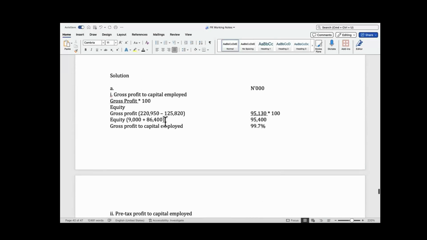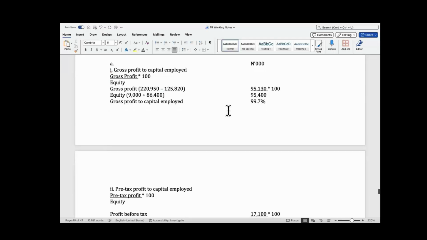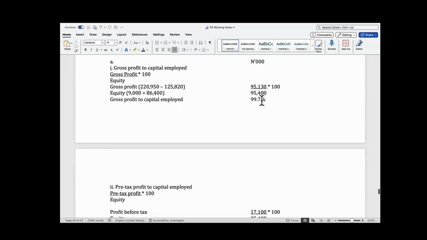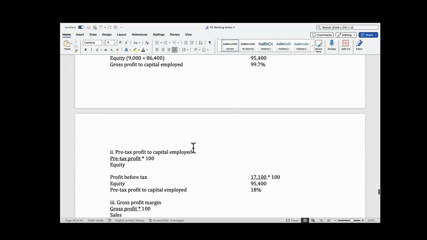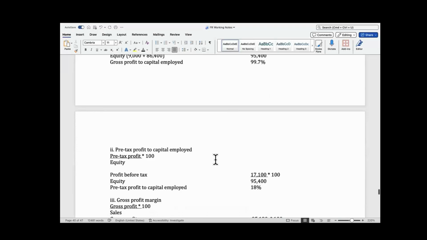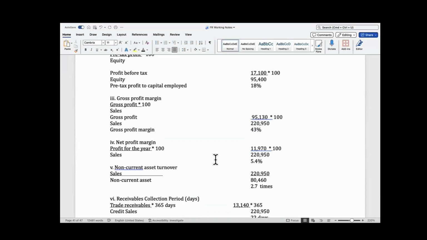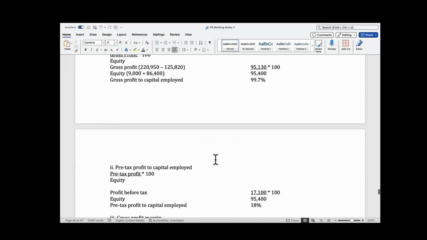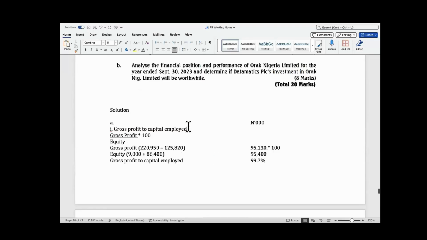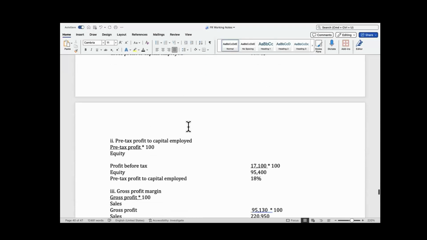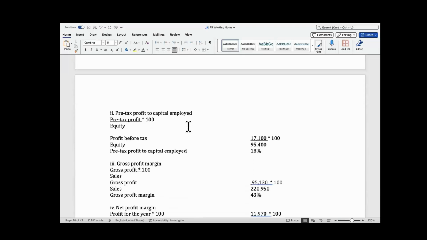Then I quickly look at my ratios. I look at gross profit to capital employed, pre-tax profit to capital employed, gross profit margin, net profit margin. To a large extent, gross profit to capital employed and gross profit margin, they're basically speaking of very close to the same thing.